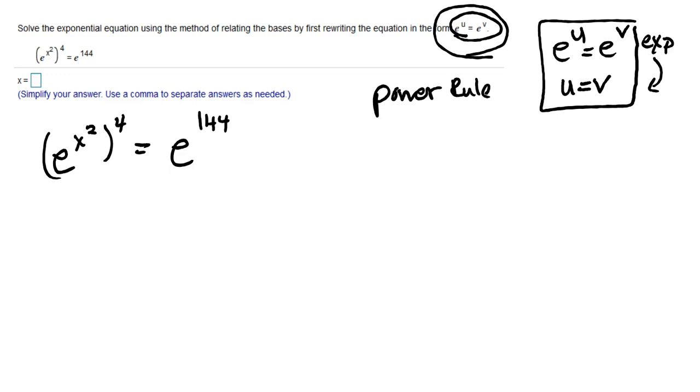And the power rule for exponents says that if you have a number to a power and then raised to another power, you're going to multiply those powers together. So that's what we're going to do here. We've got a power raised to another power, so we're going to multiply those powers together to get 4x squared.